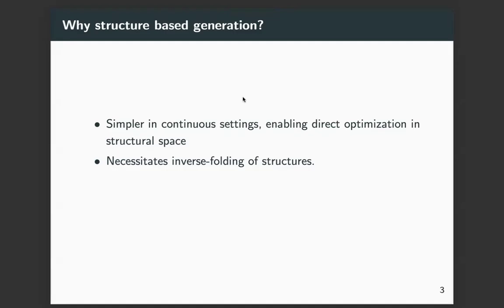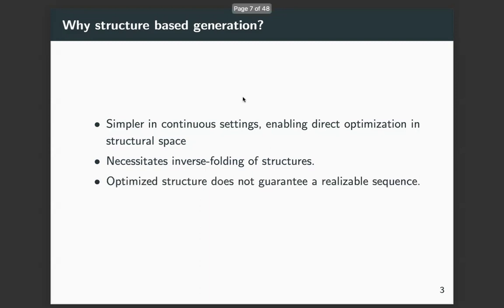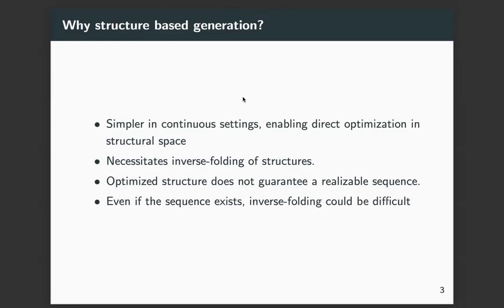That's called inverse folding. Sometimes the structure doesn't guarantee a sequence. You might have a structure that seems legit, but when you try to convert it back to sequence, it doesn't work. And even if the sequence exists, the generative models we have nowadays don't have the best inverse folding capabilities, so it could still fail.